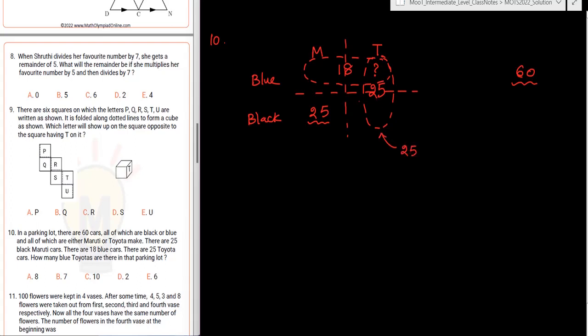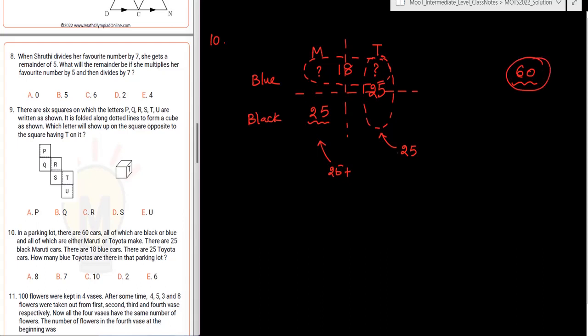That contains all the Toyota cars, right? Maruti cars, you have 25 which are black in color. So that is 25 plus there is going to be some here, right? We don't know how much that is. But you know that the total Maruti plus Toyota has to be 60 because that is the total number of cars.